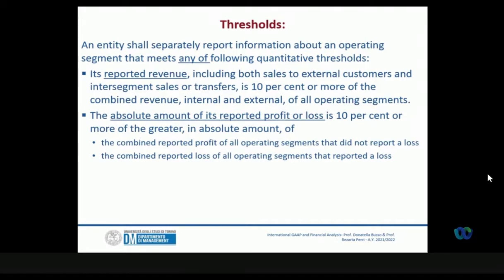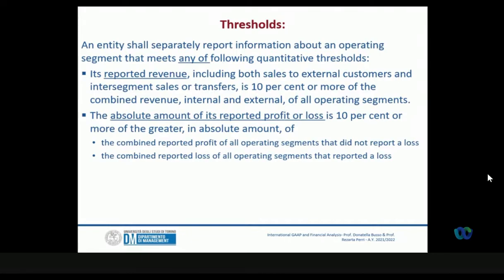Now remember, if we have some segments that are reporting a profit and other segments that are reporting a loss, all of them together will give me a net income which combines profits and losses from all of the segments.